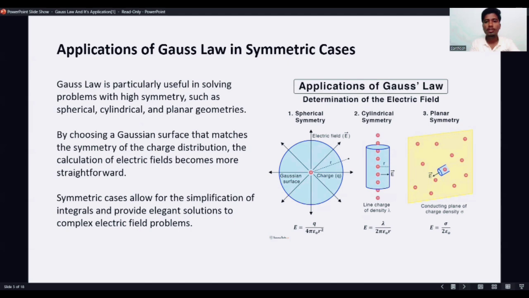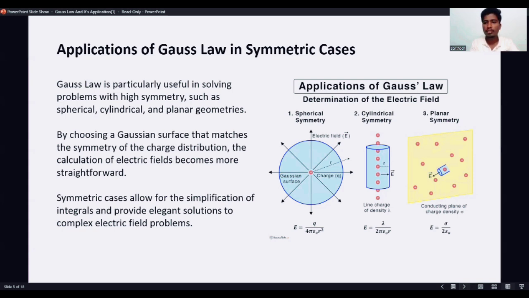Gauss law is particularly useful in solving problems with high symmetry, such as spherical, cylindrical, and planar geometries. By choosing a Gaussian surface that matches the symmetry of the charge distribution, the calculation of electric fields becomes more straightforward. Symmetric cases allow for the simplification of integrals and provide elegant solutions to complex electric field problems.